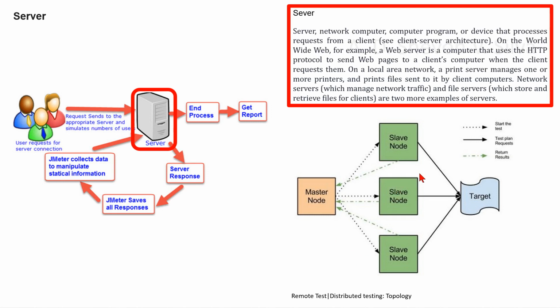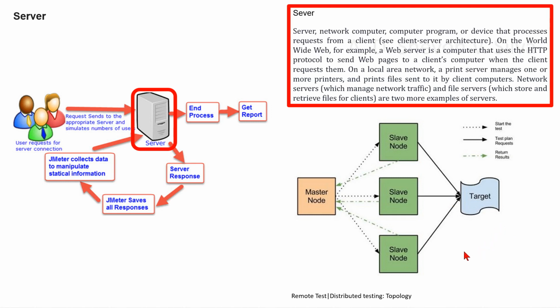Slave server, slave remote node: the system running JMeter in server mode, JMeter-server, which takes the command from the client and sends the test plan request to the target system. Target: the server to stress test.